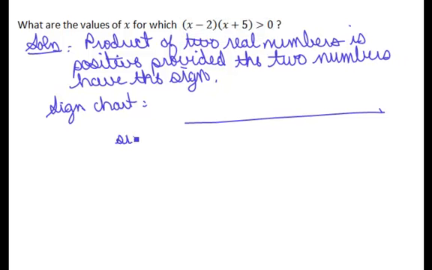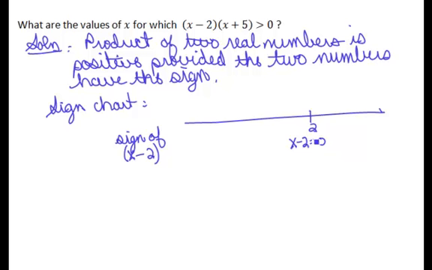So let's start with the first one, the sign of the quantity x minus 2. Well, if you think about putting numbers in for x, I know that when x is 2, let me put that on my number line, then this expression is equal to 0.